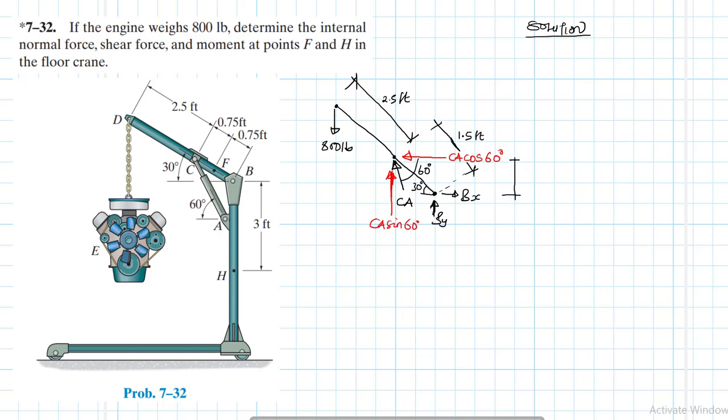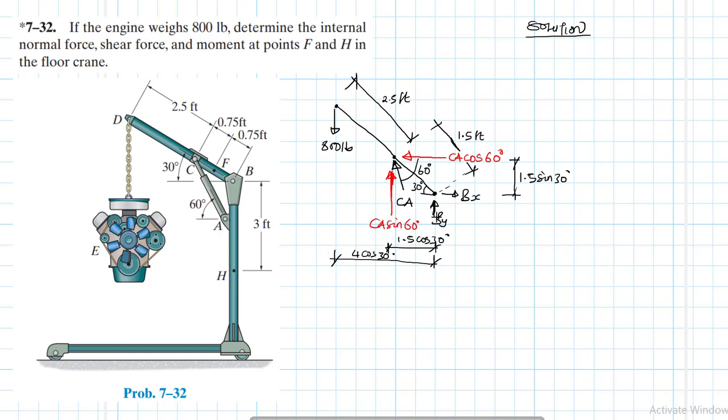This component here is 1.5 sine 30, and then this one here is 1.5 cos 30, and then finally this one, which is 4 cos 30, right? So we have this figure.